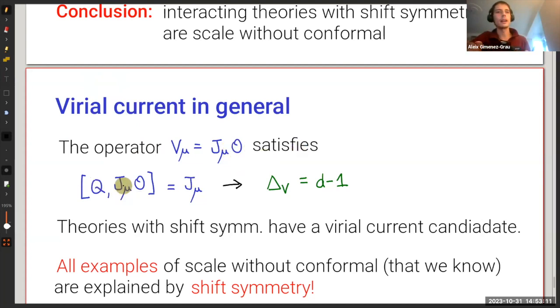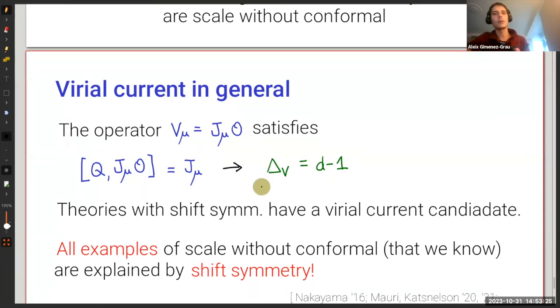And then you do a simple commutator here. You see that a certain term, the O, cancels out. Then you just look at the dimensions of things, and you end up seeing that the virial current is always protected.